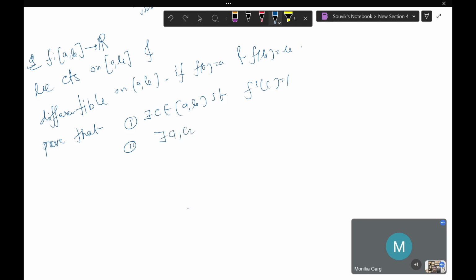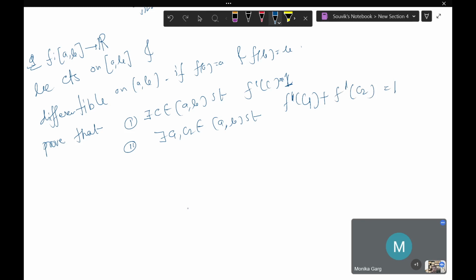And there exist c1, c2 such that f'(c1) plus f'(c2) is equal to 1.